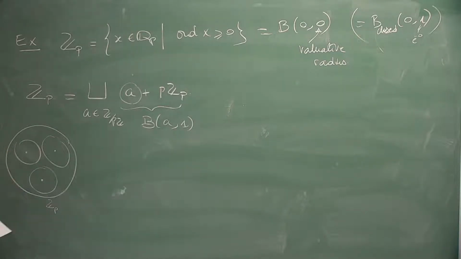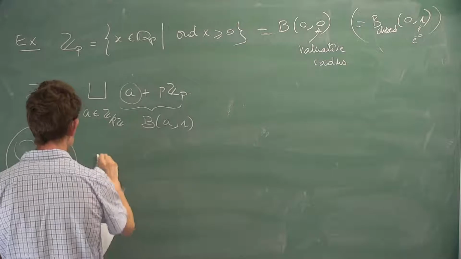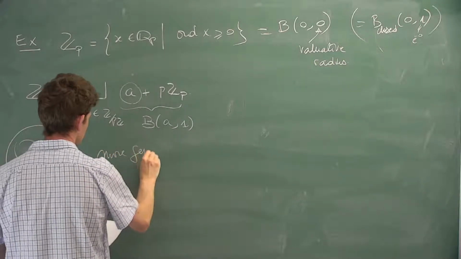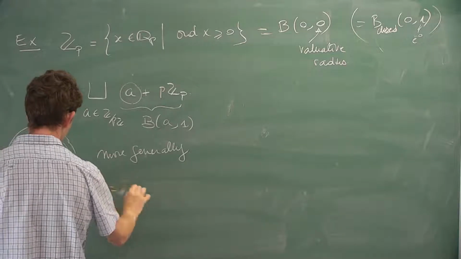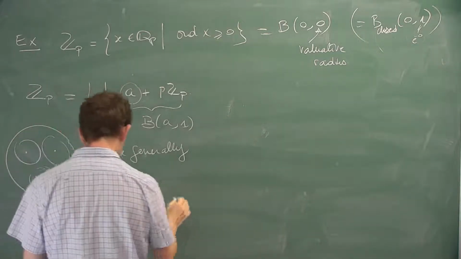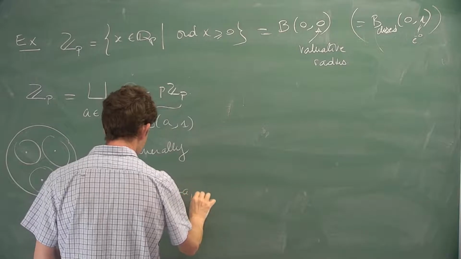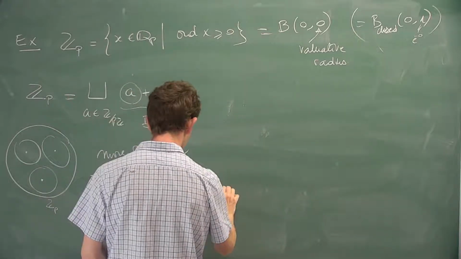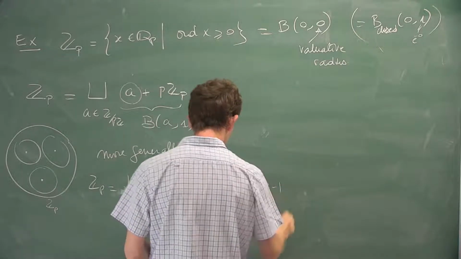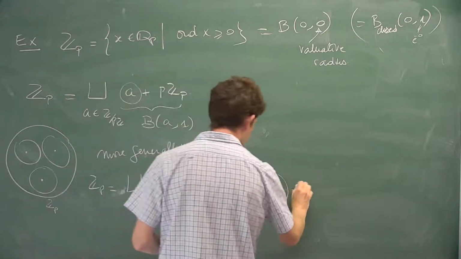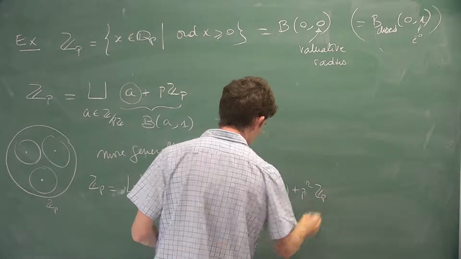You can play the same game, and more generally, Z_p can be described as the disjoint union of a_0 plus a_1 p plus ... a_{r-1} p^{r-1} plus p^r Z_p.